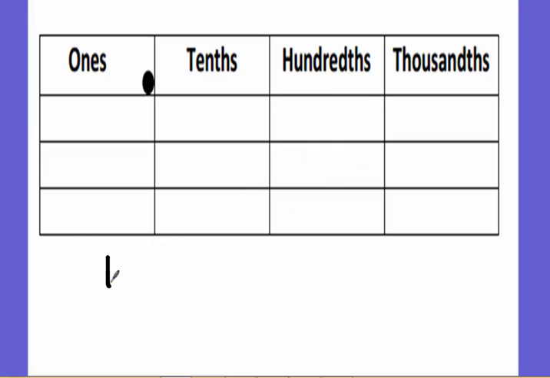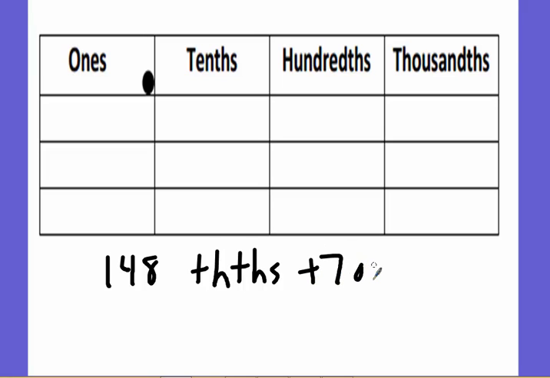I have 148 thousandths plus 7 ones and 13 thousandths. Alright, so we have this same problem of I don't want to draw 148 dots here. So what can I do?